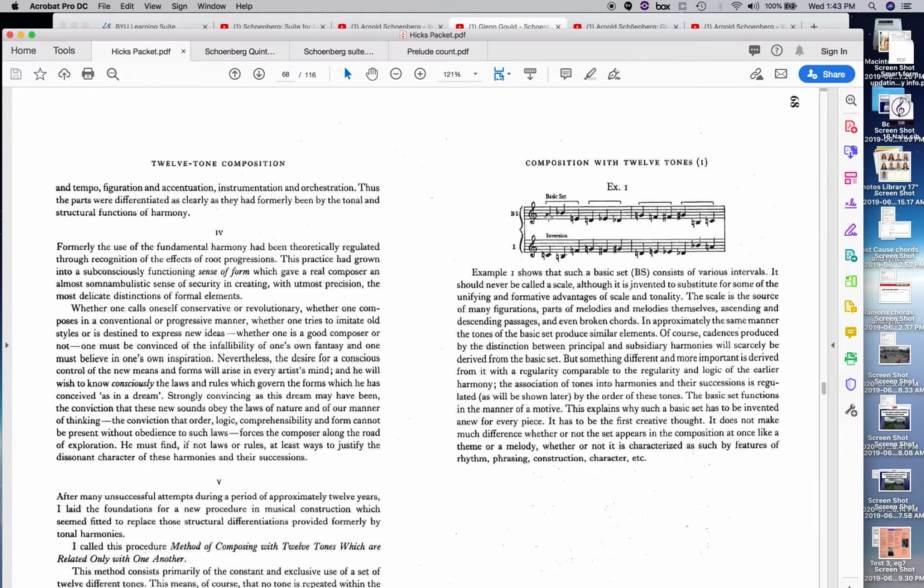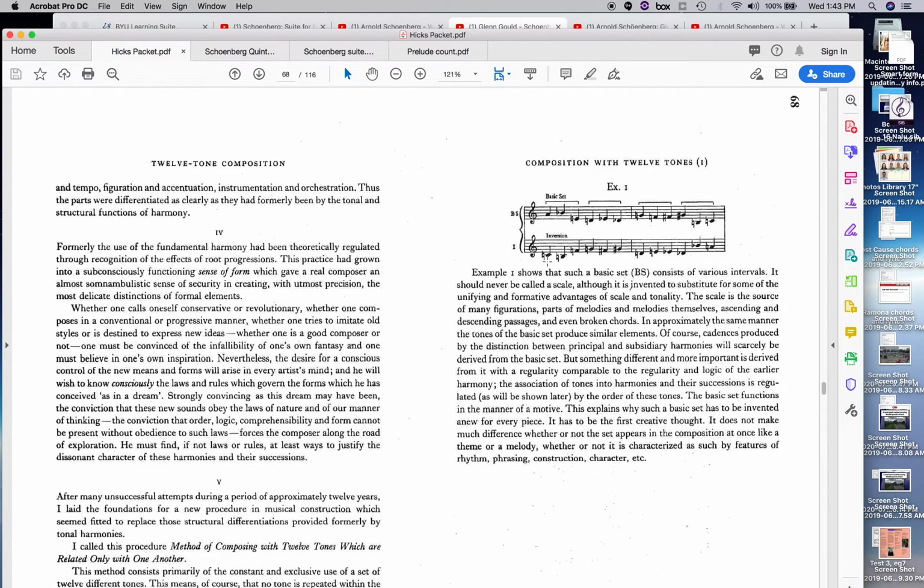If we started from B flat and we transposed this whole thing up one semitone, B flat, B, F, E flat, E, etc., that's going to be called P1. Okay, so it goes P0, P1, P2, P3, etc.